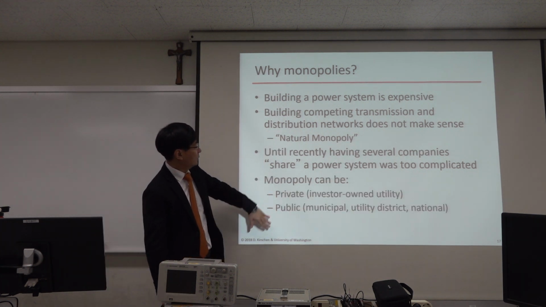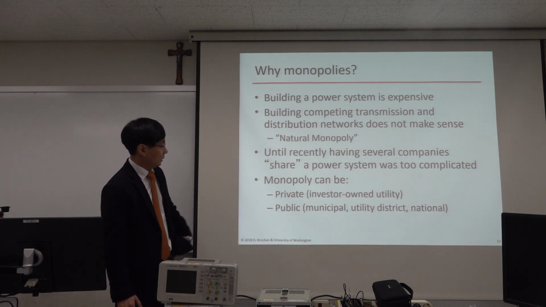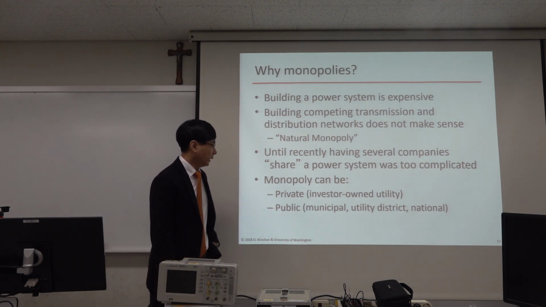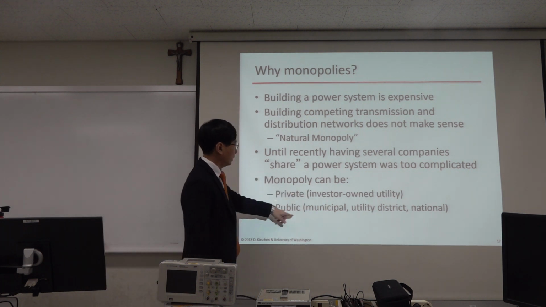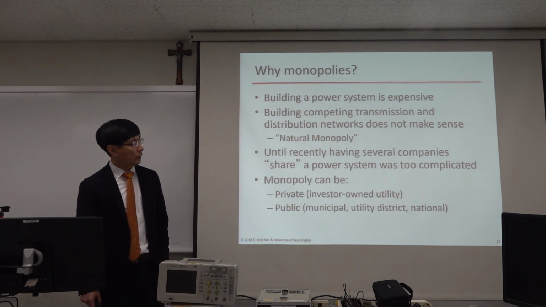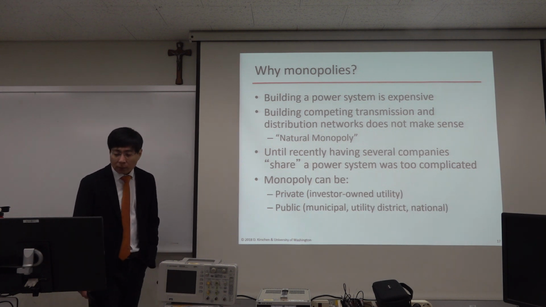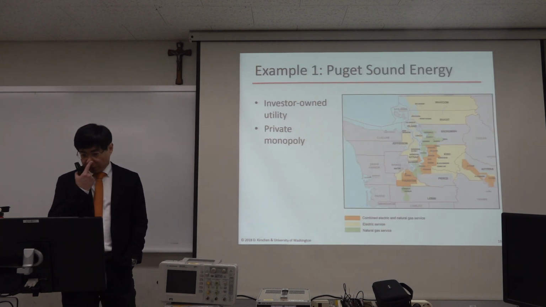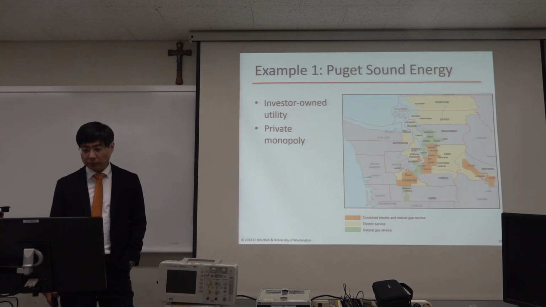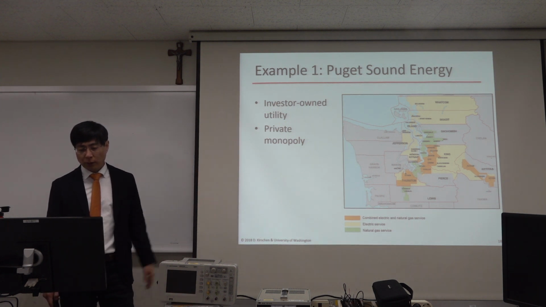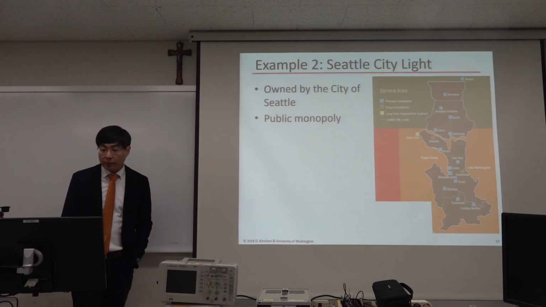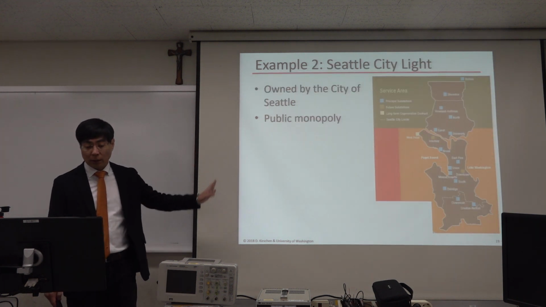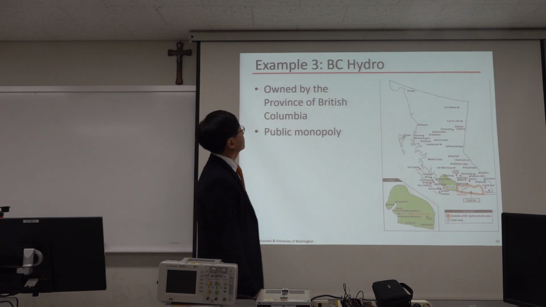And there are two types of monopolies: private or public. So private means investor-owned utility, and public means the municipal or utility district or national. So yeah, these were the examples of private-owned utility or investor-owned utility, and this is the example of public monopoly.